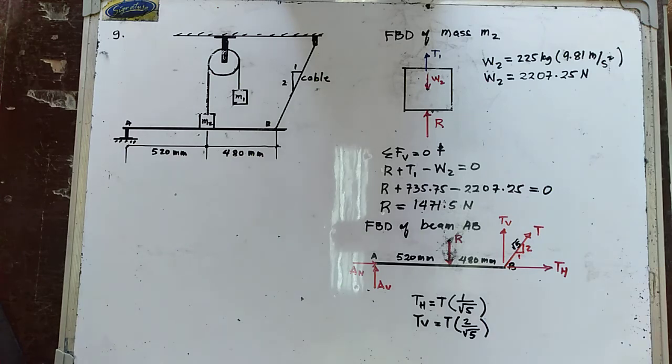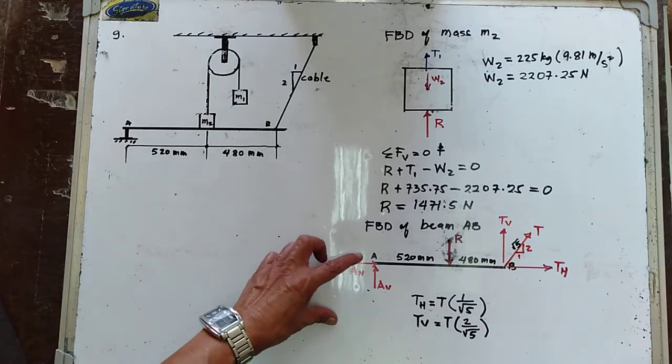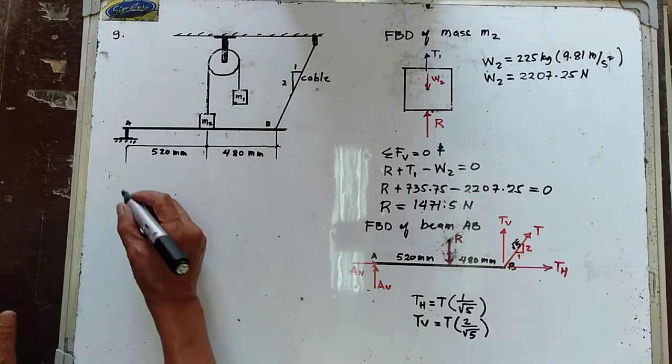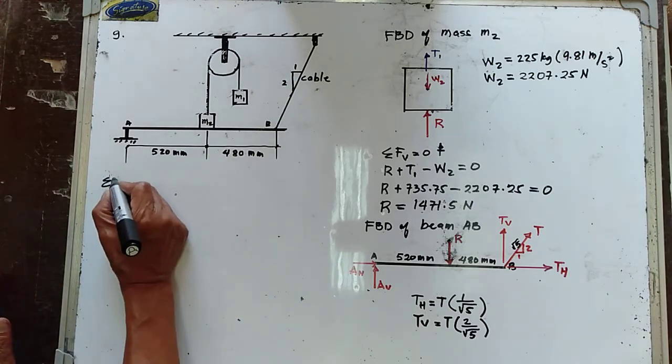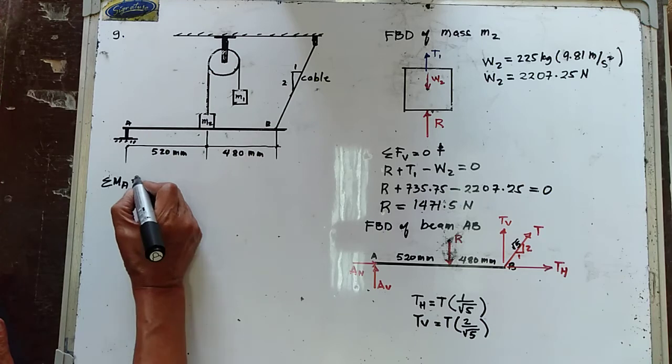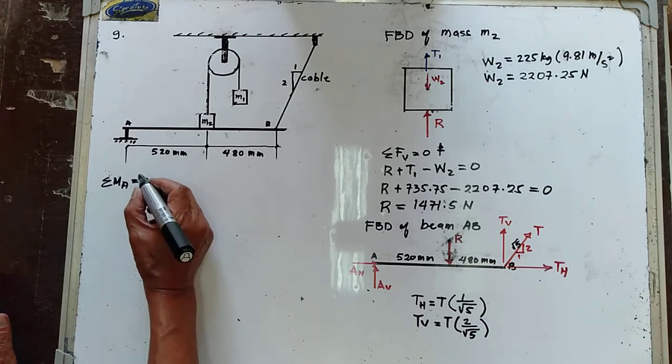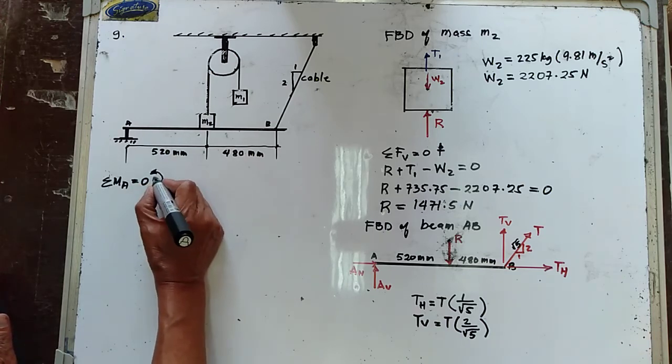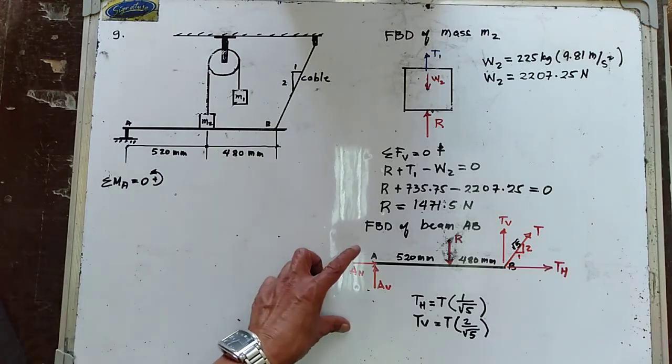Now, let us try to get moment about point A. So if you take summation of moment about A equal to 0, we have counterclockwise moment positive.